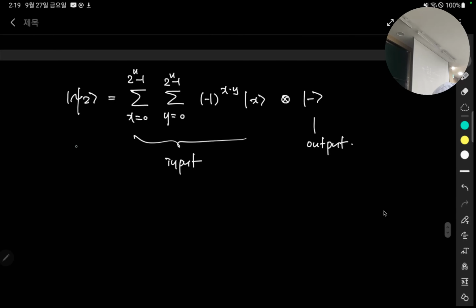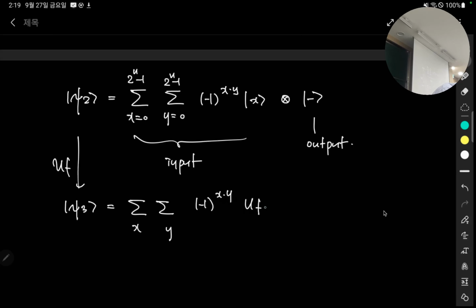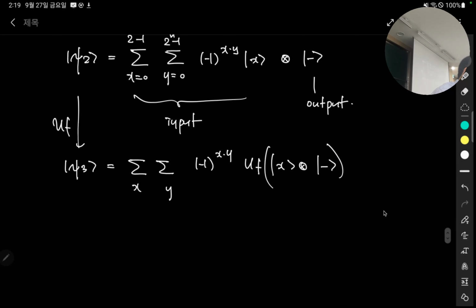Now let's apply the quantum oracle to get psi 3. We take U_f to each of these states, right? So then we get the same. Now, this one is 0 minus 1, right?